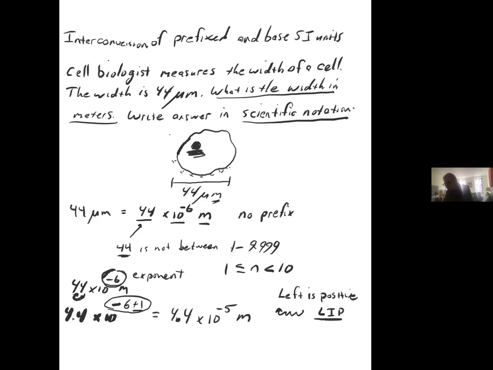So the negative 6 becomes negative 5. Okay? The opposite of that is that if you have to move the decimal point to the right, well, it would just be the negative, right? If moving it to the left is positive, moving it to the right is negative. So if I have to move the decimal point this way to the right, then you subtract 1 there.